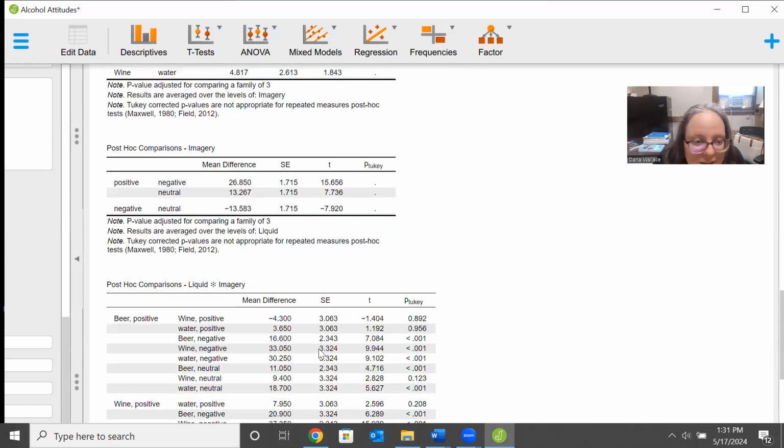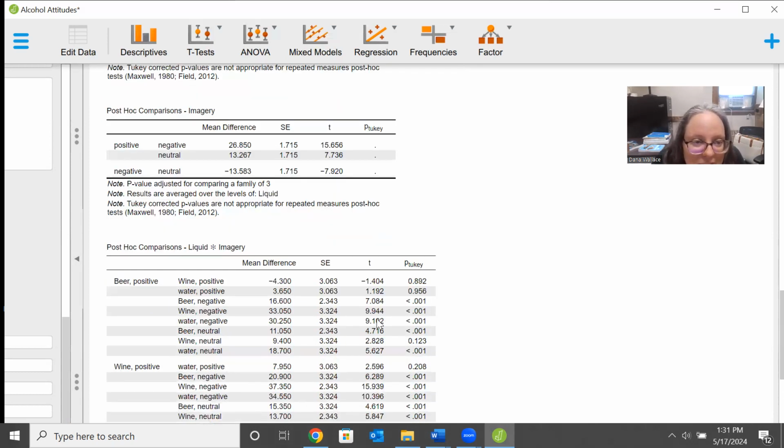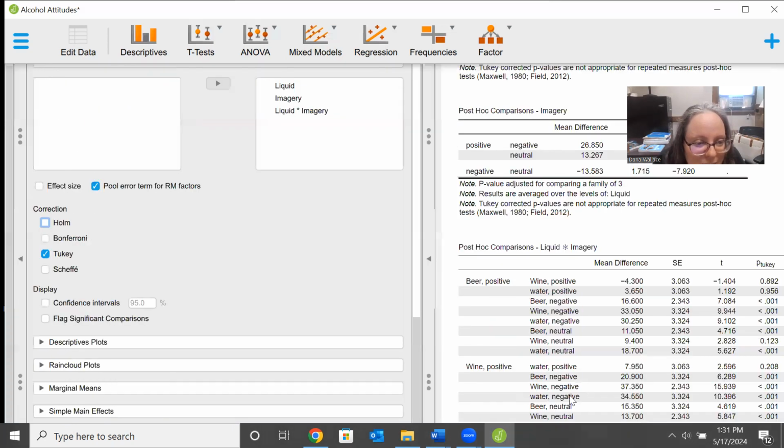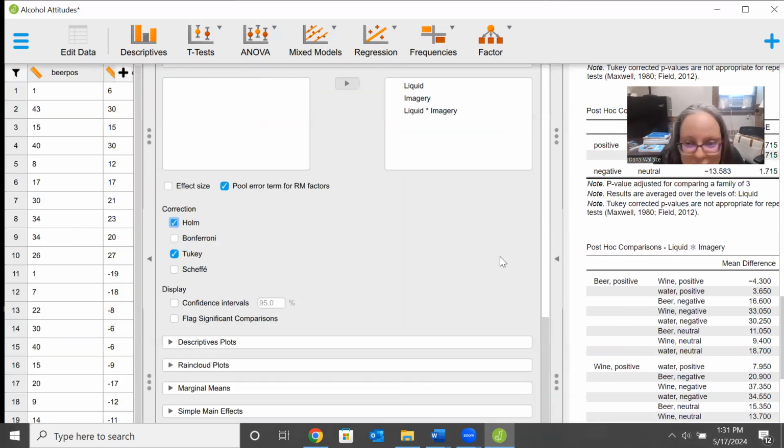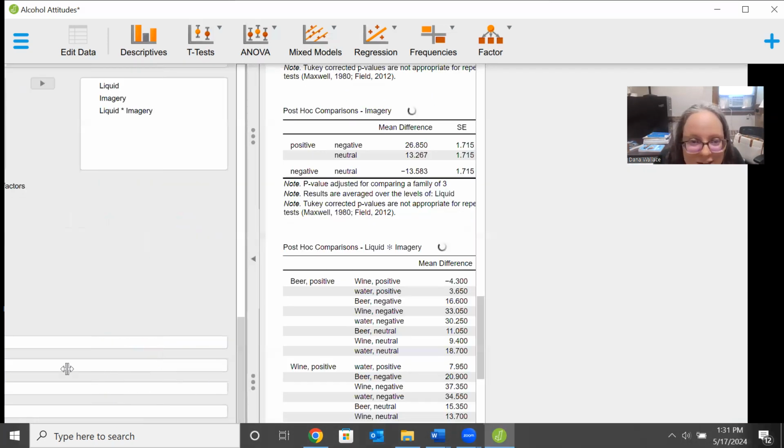Oh, I did not like that. There we go. So again, looking at that difference across them, and I'm really interested in the preferred Holm correction. Let's see what happens.